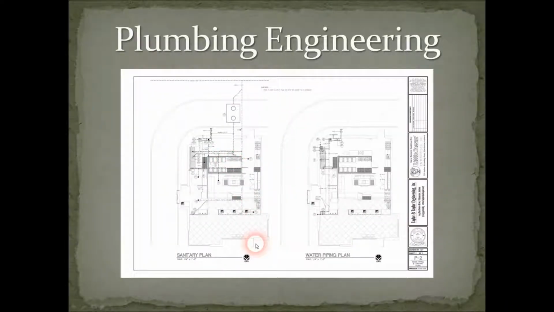Moving on, I want to talk about plumbing engineering a little bit. This example that I have shown is a Little Caesars Pizza restaurant. Actually, I call it a restaurant, but it's really more like a Little Caesars pickup place because there's no place to sit here and dine. But this shows water coming in to Little Caesars, and this plan over here shows all the wastewater going out.